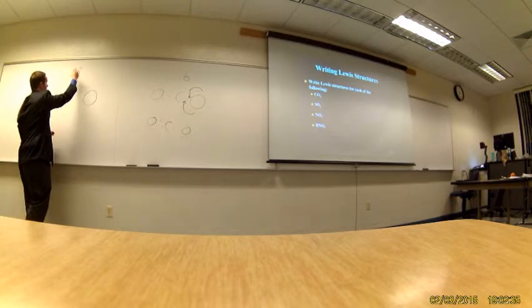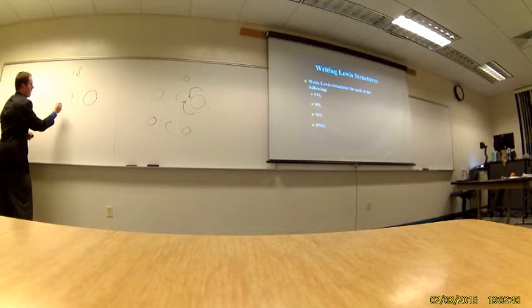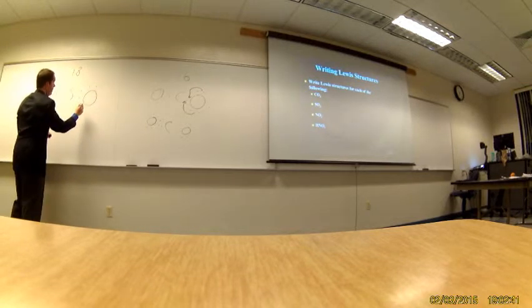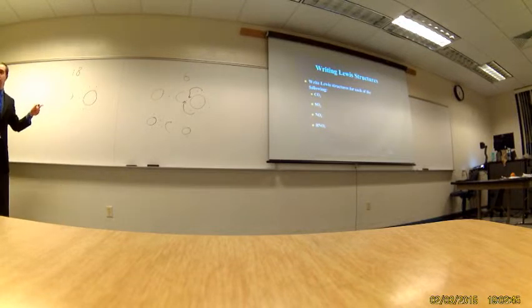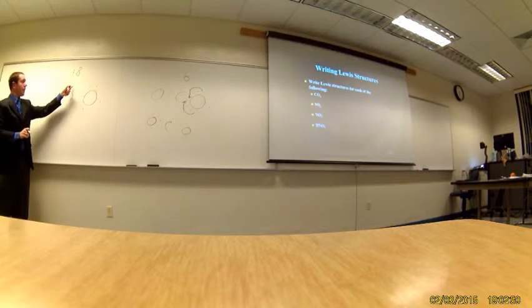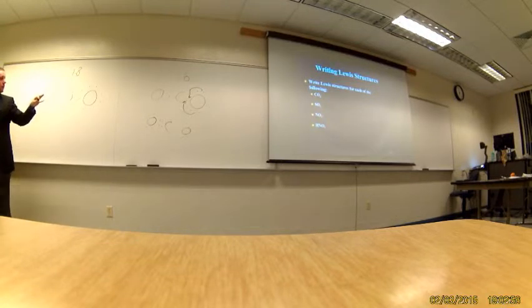So now I have 18. 1, 2, 3, 4. 5, 6, 7, 8, 9, 10, 11, 12, 13, 14, 15, 16, 17, 18. I filled the outside, but I still had extra ones to give away. So now I can come in and start putting them on the center. Okay? So there's my 18.